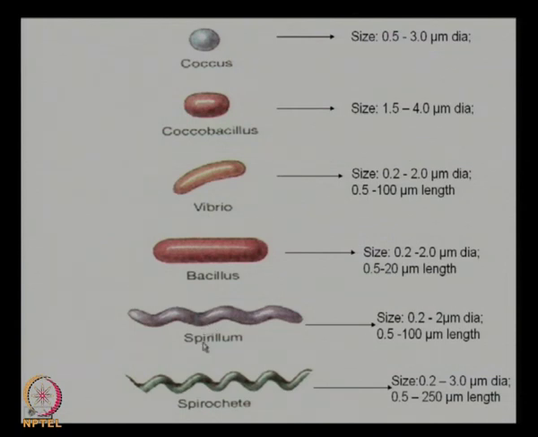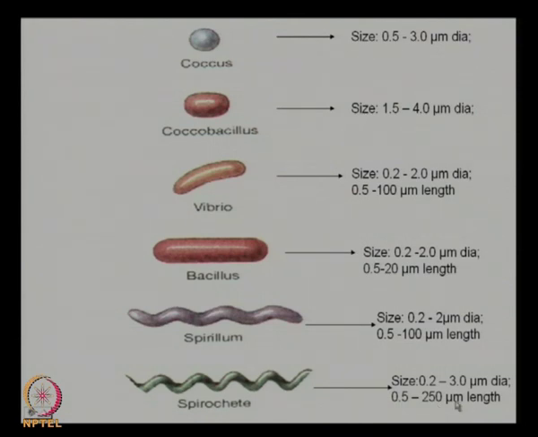In case of spiral shaped bacteria like Spirillum, it is 0.2 to 2 micrometer in diameter and 0.5 to 100 micrometer in length. In case of Spirochaete, the size varies from 0.2 to 3 micrometer in diameter and 0.5 to 250 micrometer in length.